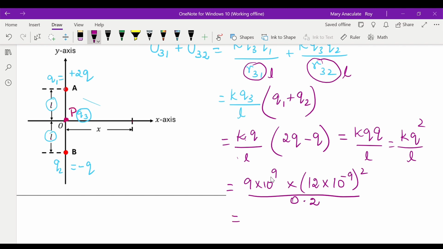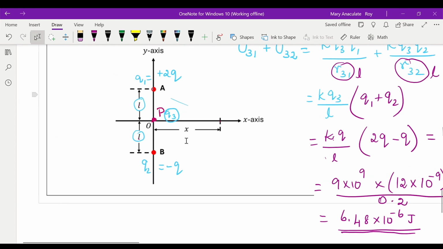So taking all these values, you should be getting 6.48 times 10 to the power of negative 6 joules.